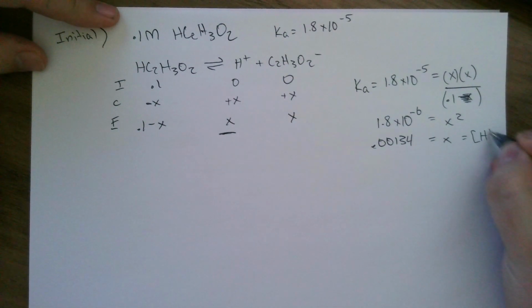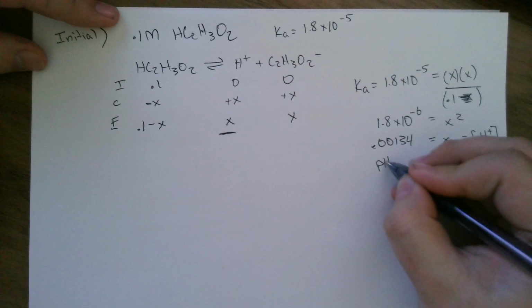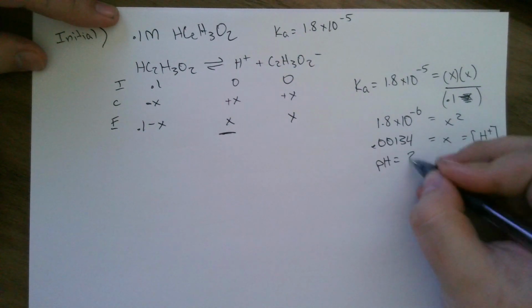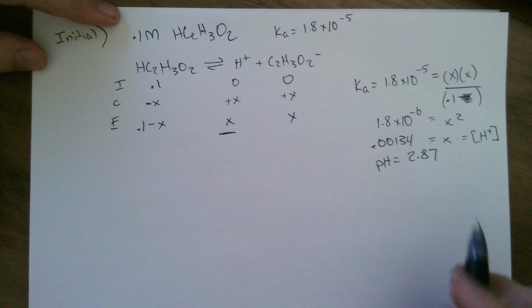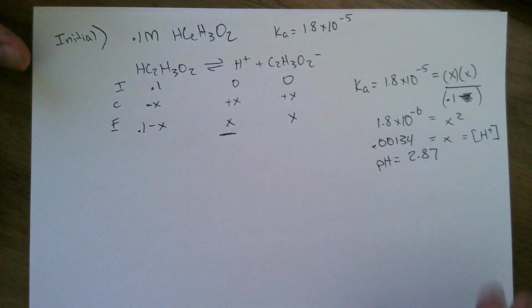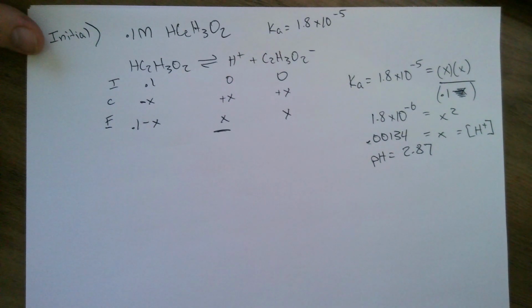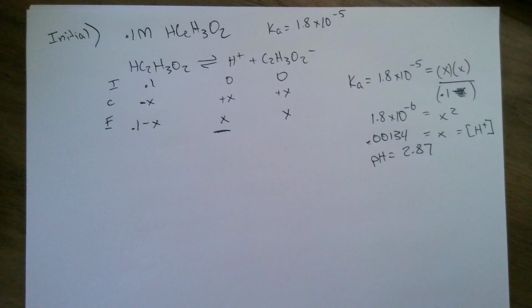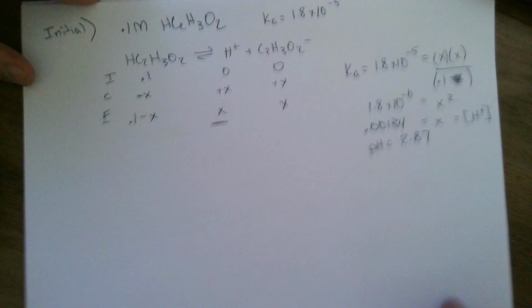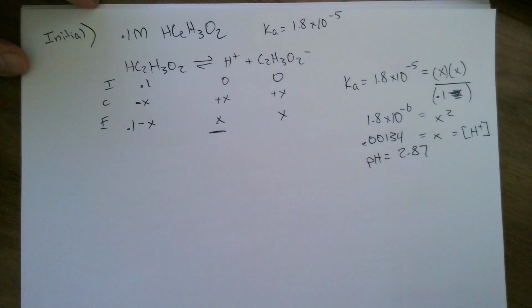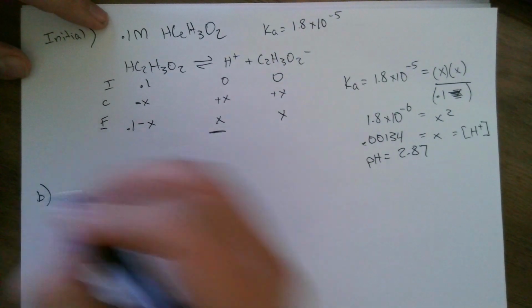That's my concentration of H plus. If I take the negative log of this, my pH is 2.87. So this is just like Unit 14, solving for the pH of a weak acid. Okay, we haven't added anything, we haven't done anything new for titration yet. Well, we will in Part B.